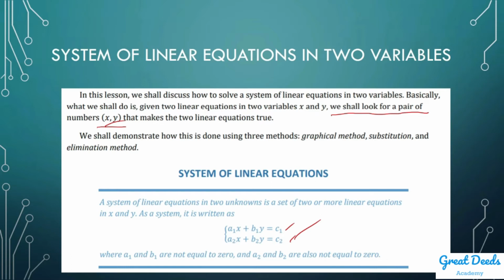That means it is the point of intersection of the lines. So solving a system of linear equations in two variables means we look for the point of intersection.